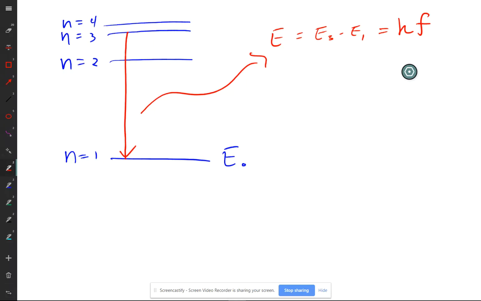So Planck's constant h is just a number, 6.626. I'm actually not sure of the number offhand. I'll look it up. That's how you spell Planck.